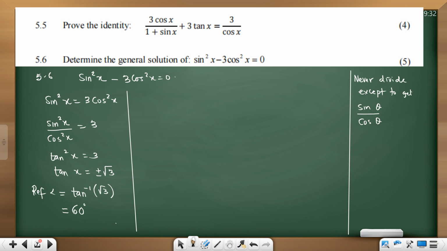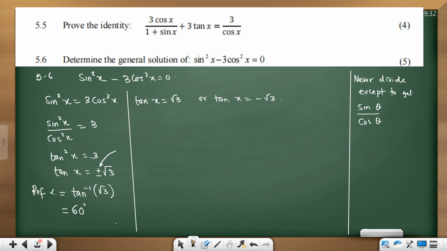So now, I'm going to check. Look at this. For tan, put a small note there. Okay, let's do something. I want you to see something. Now, for tan, I have both positive and negative. So we're saying either tan x equals root 3 or tan x equals negative root 3. Now, please check.